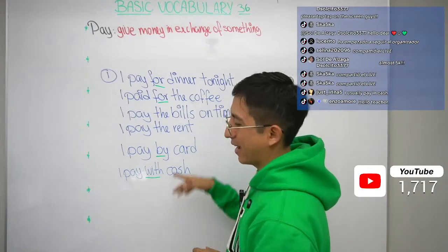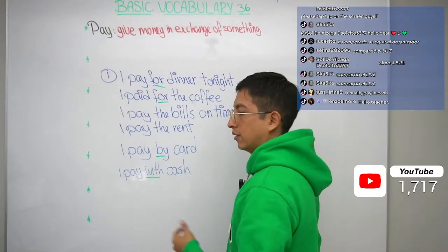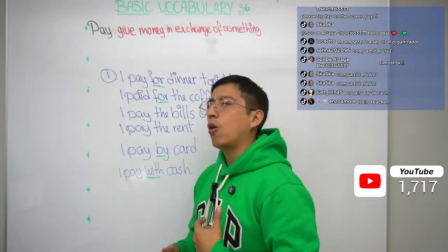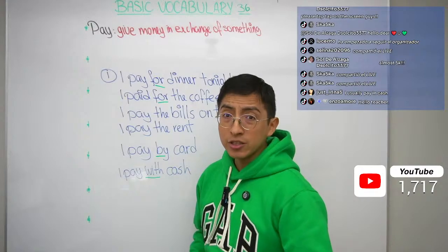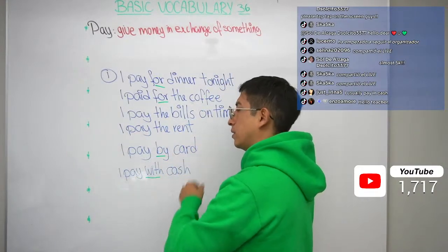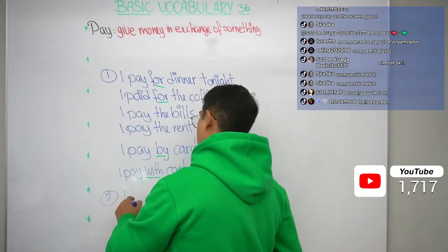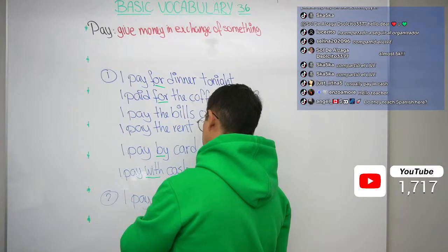We have different things that you can use for these kinds of things. Now, remember that we also have some collocations that are not related to money. For example, we can say, I pay attention.